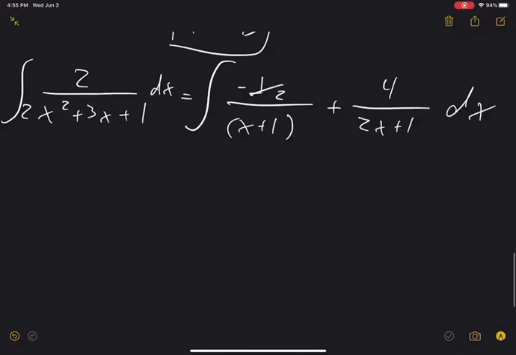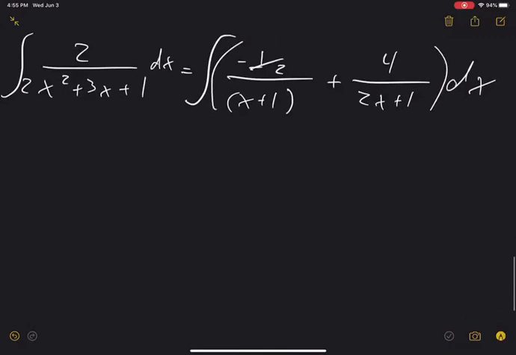Okay, so let's integrate the right side now. What is this integral? I'll do it mentally and let you guys figure that out on your own.